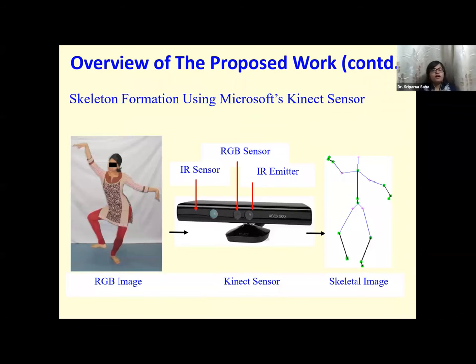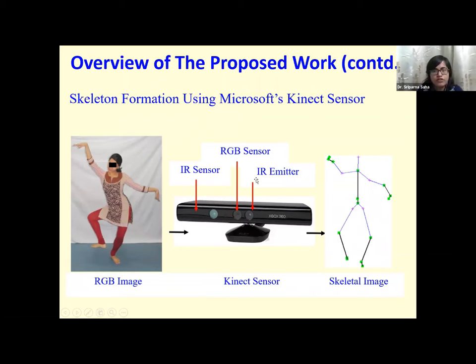So this is the RGB camera view, that is the RGB image, and the dancer is performing in front of the Kinect sensor, which is already explained. The RGB sensor is there, and the IR emitter and IR receiver are there. Just a second, the arrow is pointed wrong. The arrow will be over here.